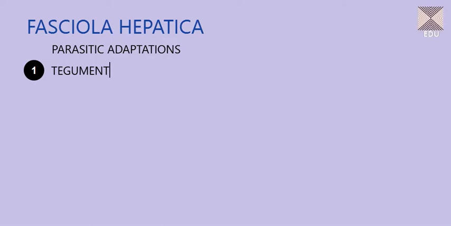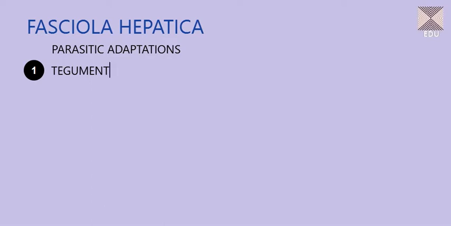This is very important, as it can help prevent Fasciola hepatica from lysis by the enzymes of the host. So it is protective in nature, and it is a very important layer as far as parasitic adaptations are concerned.